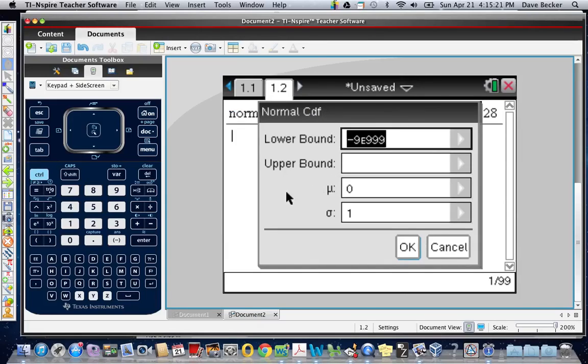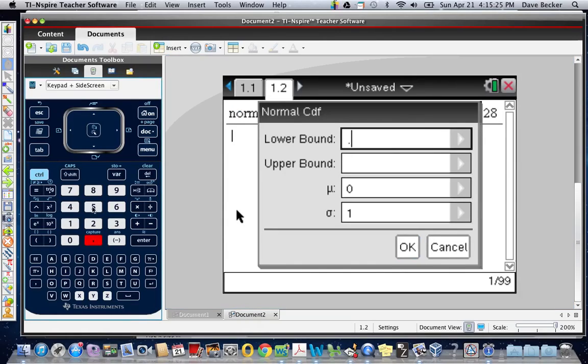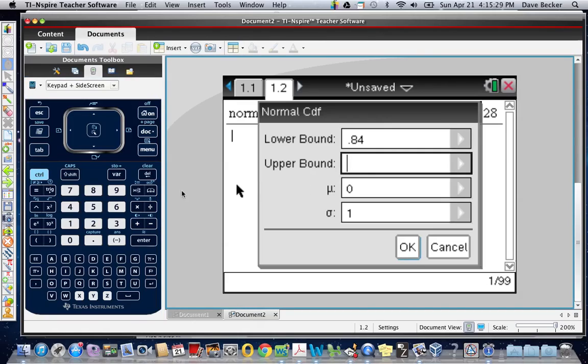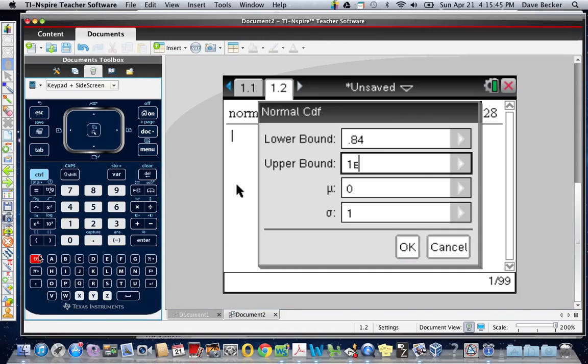With a calculator, our lower bound for that one is 0.84, and our upper bound is, let's see, 1 EE to the 99th.